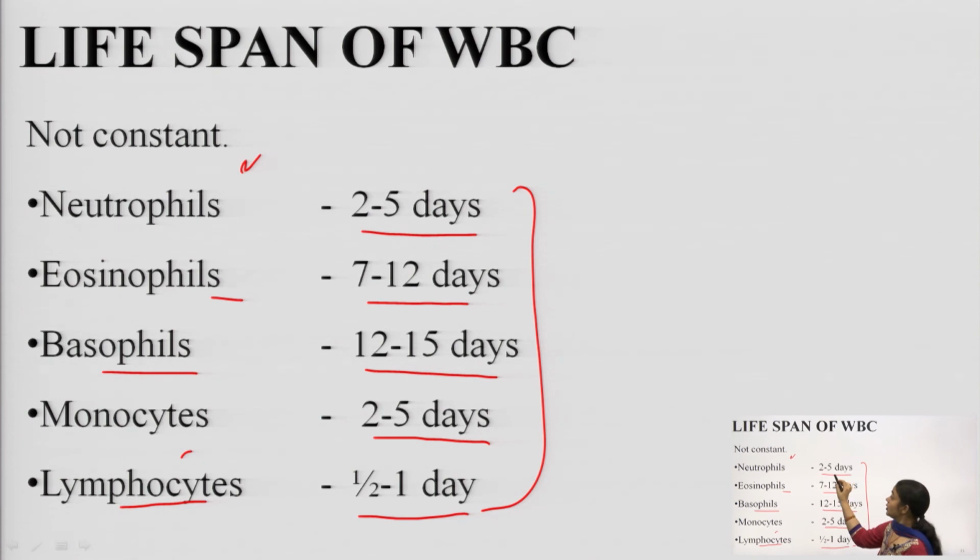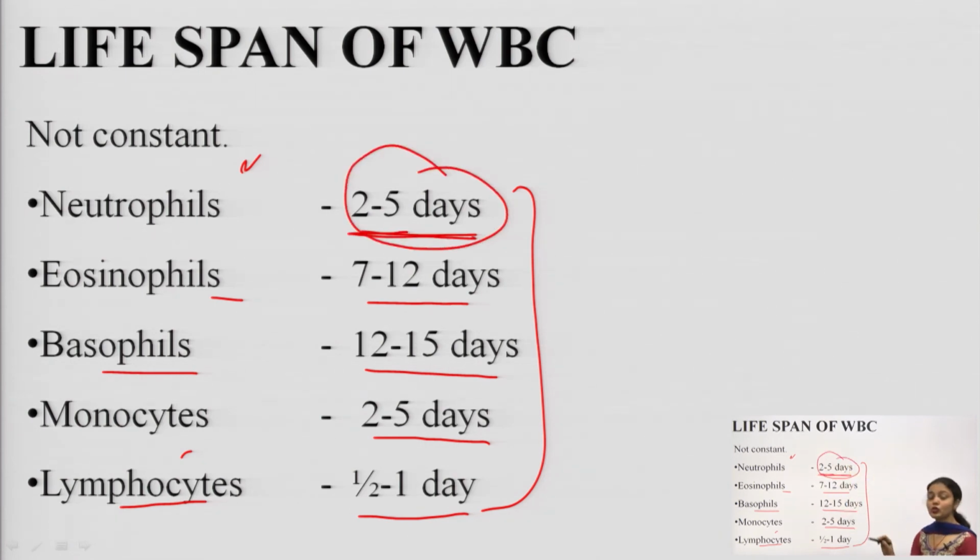This means the neutrophils can survive only for 2 to 5 days. After that they are going to be replaced by new ones. Eosinophils can survive 7 to 12 days. After that we need new ones, or they go under degradation and new eosinophils should be formed.